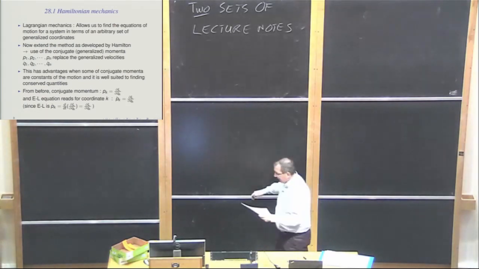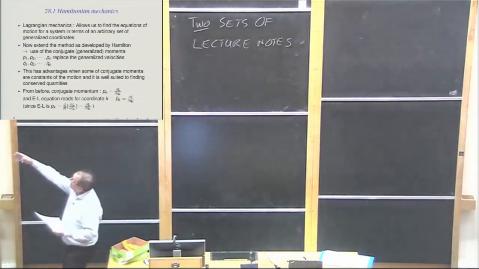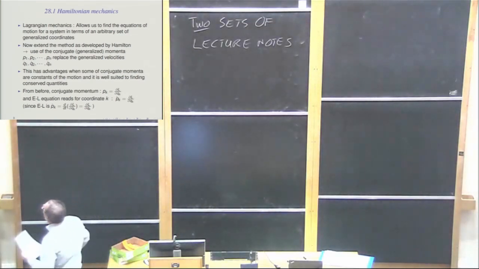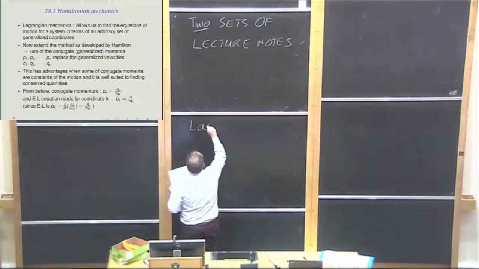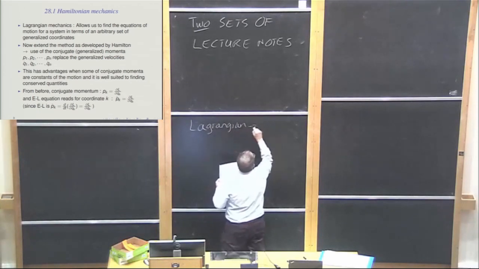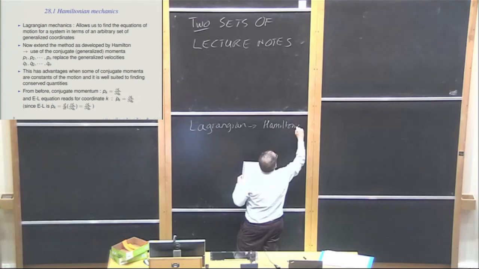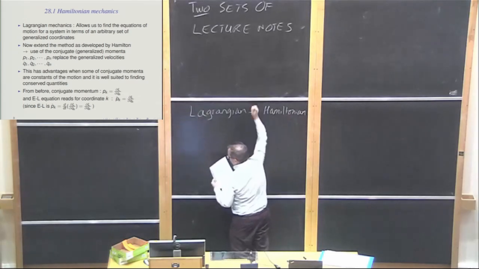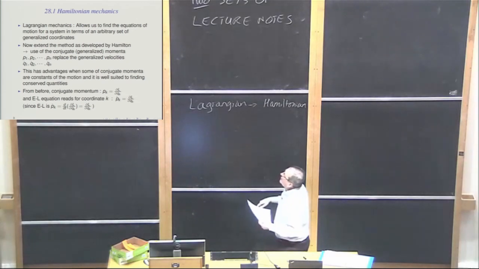Let's just get going. So, what is the difference between the Lagrangian and the Hamiltonian approach? Remember, Hamilton was this Irish physicist who did a lot to help illuminate Lagrangian mechanics.